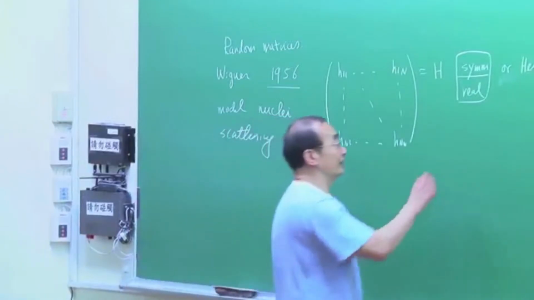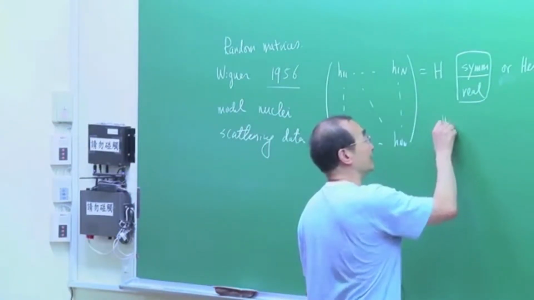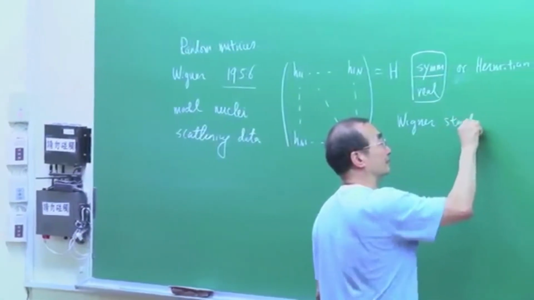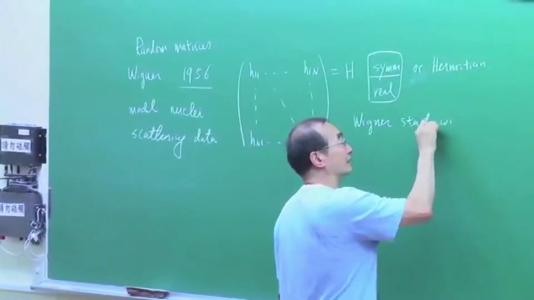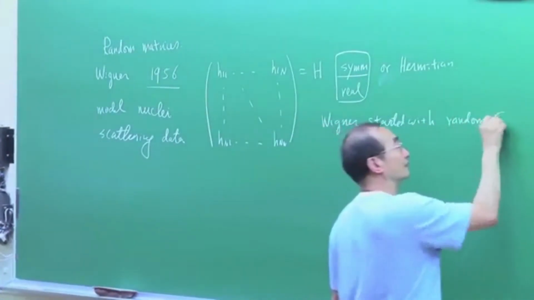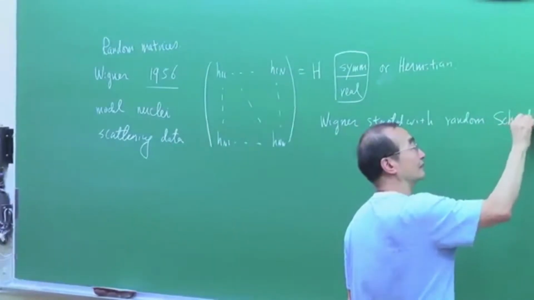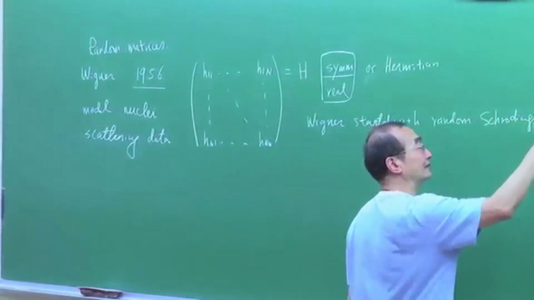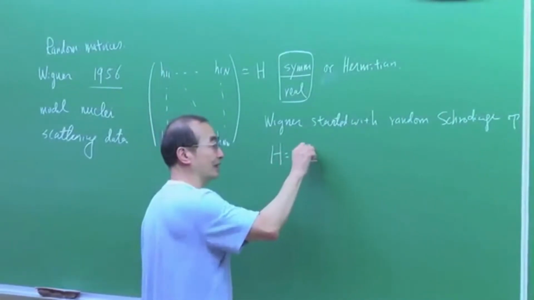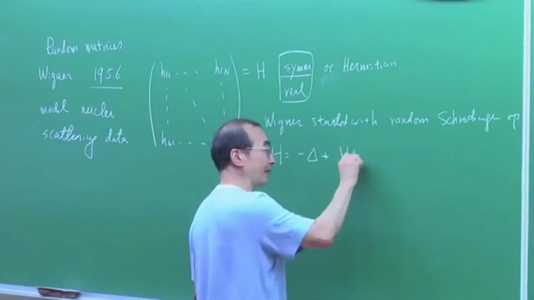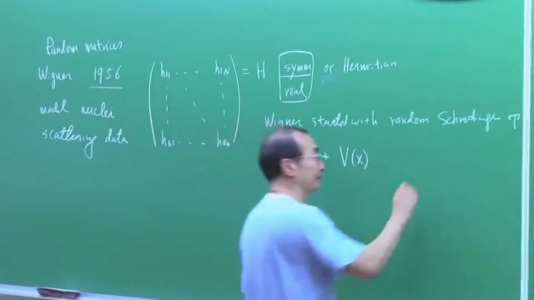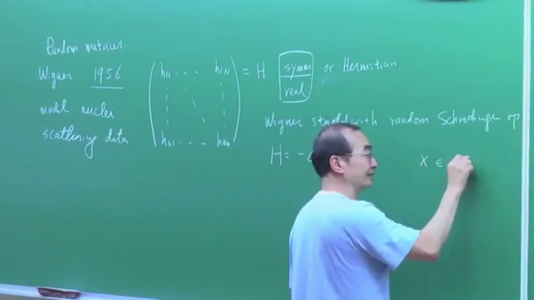I want to say that historically, he started with the so-called random Schrödinger operator. The random Schrödinger operator is the operator H equal to minus Laplacian plus V of X. Now, think about this X: it belongs to a lattice.